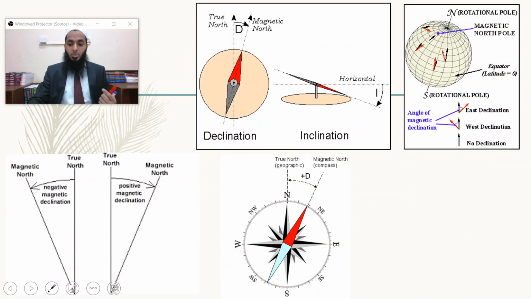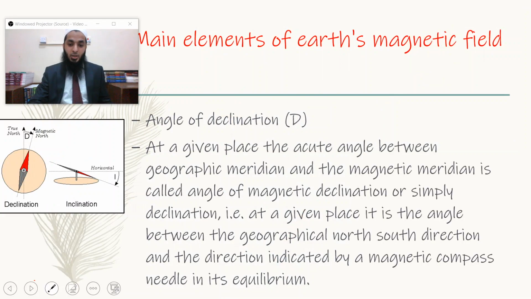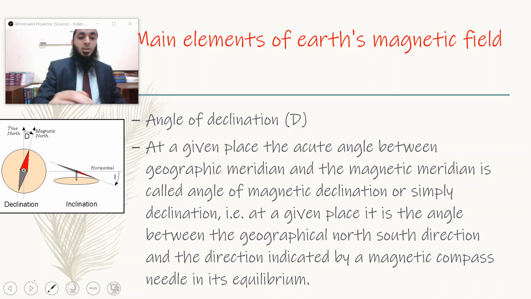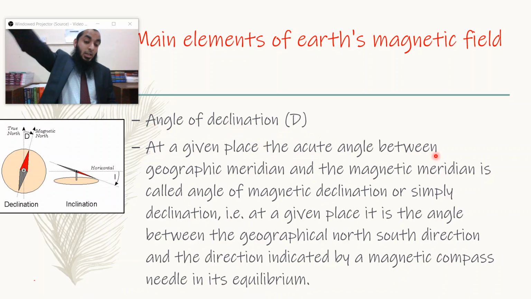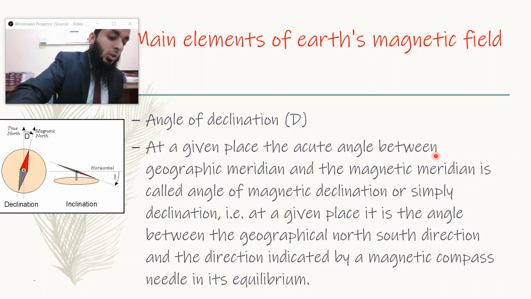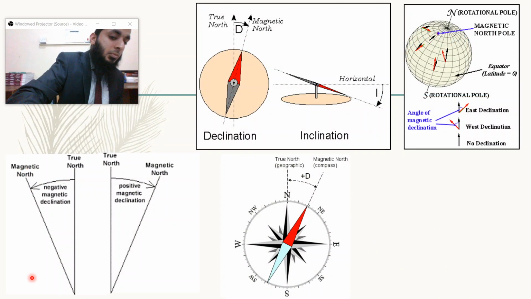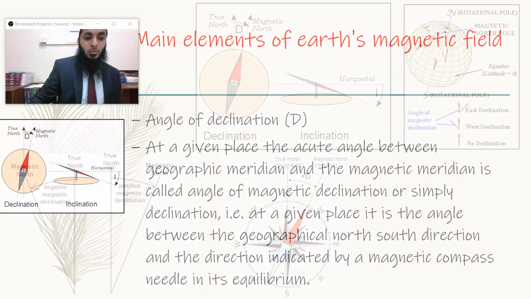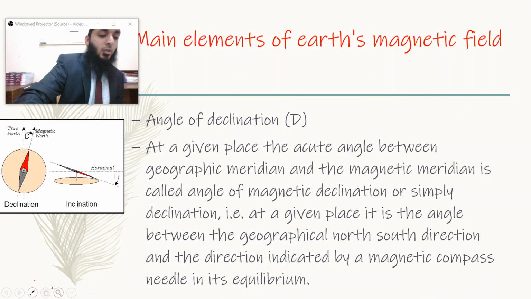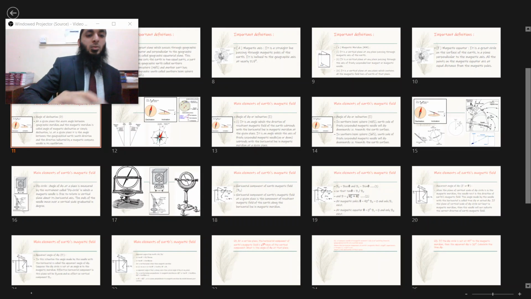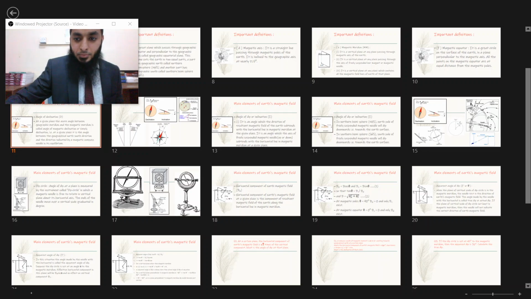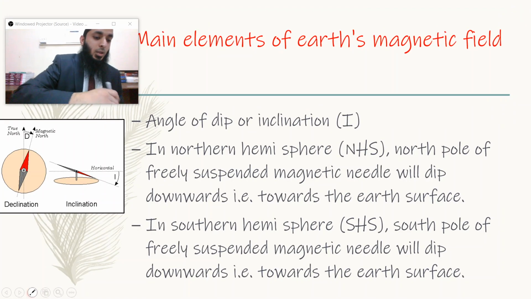We have already discussed this angle of declination. Anyway, I'll just read it. Angle of declination at a given place, the acute angle. Oh, that's another thing. We could have also measured this angle. We are in this plane.